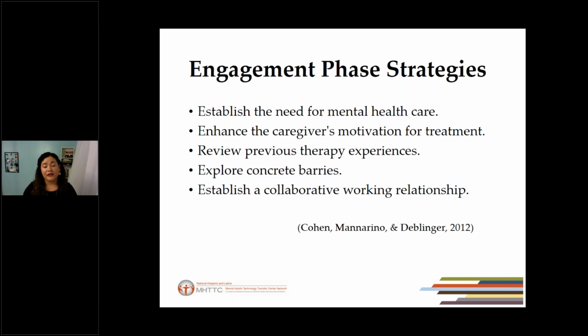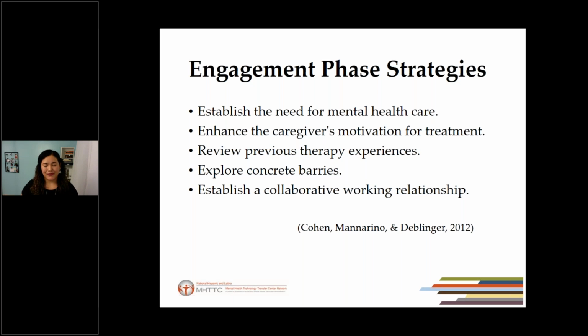Do you have a fridge or a stove, right? So they ask different questions, and when the person says, okay, I don't have a fridge, or I'm sleeping on the floor, and things like that, we try to connect the family with different resources around the community. So check for that also, and establish a collaborative working relationship.